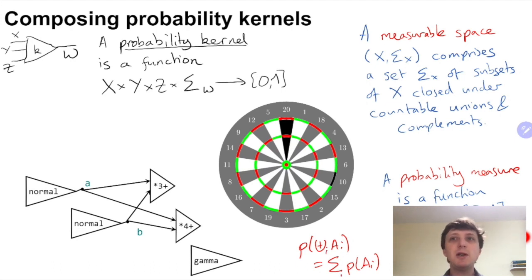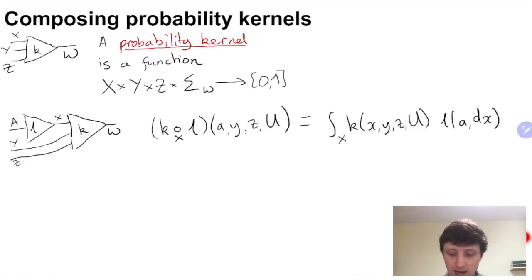Okay, so that's a measurable space and a probability measure, but a probability kernel is something which takes some parameters, x, y, and z, and gives us back a probability measure. So it must be two things. It must be measurable in the parameters. Here I've given it 3 parameters, but we could have some other number of parameters.